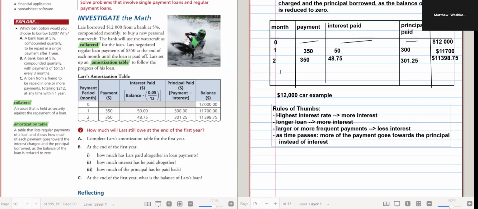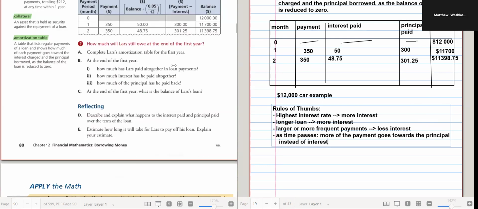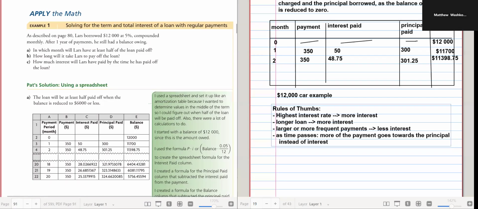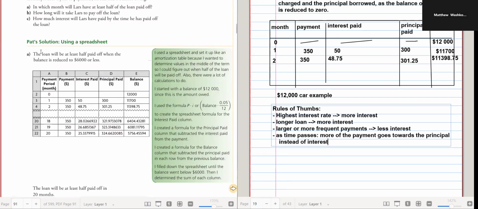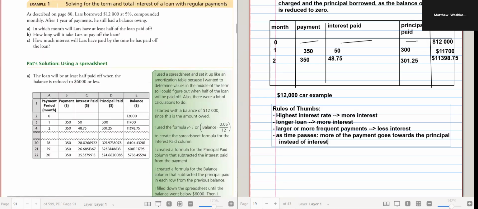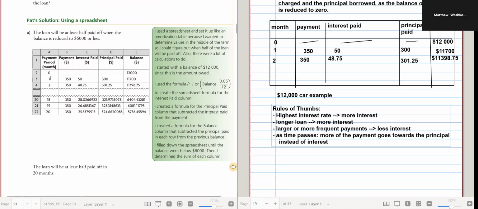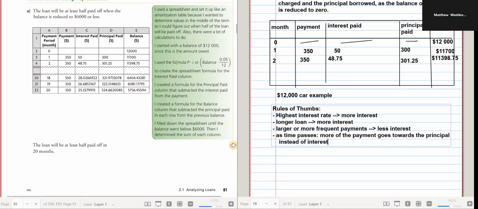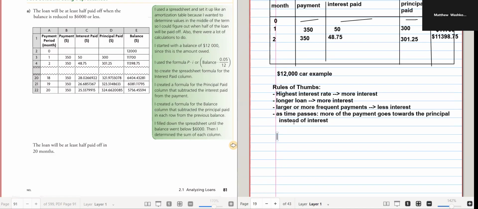Okay. So with that said, let's jump into this here. We don't want to do a full table here, but we do want to take this formula right here. Formula for interest paid.